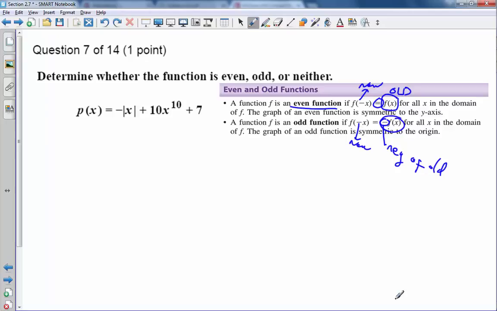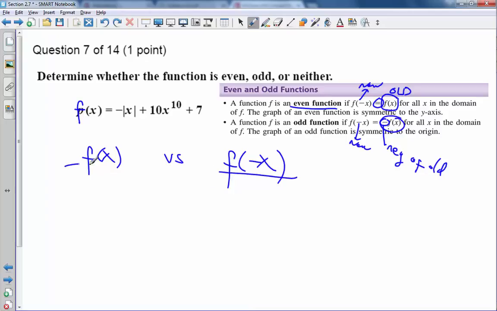We haven't used this much in the past, so this is maybe new, okay? But here is what we need to do in any case. You need to compare f of x, the old equation, or in this case it's p of x. I want to change this to f of x to reduce any confusion. I'm going to take f of x and compare it to what happens if I replace x's with minus x.